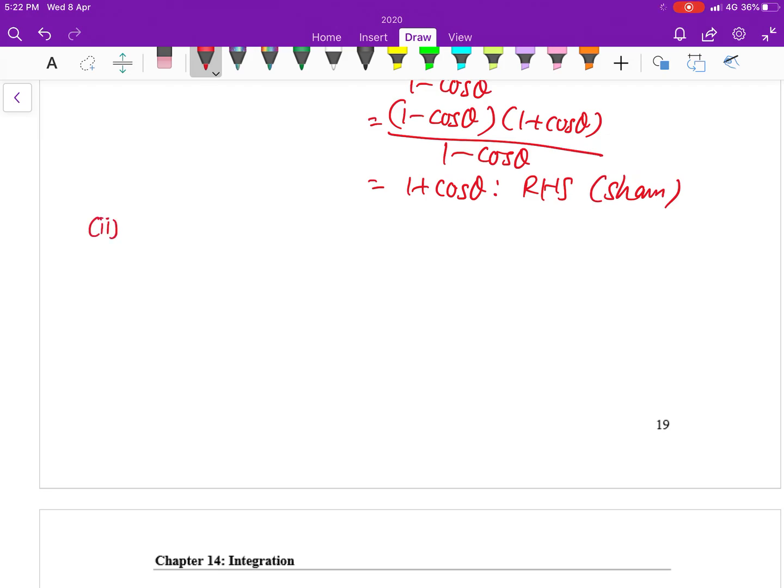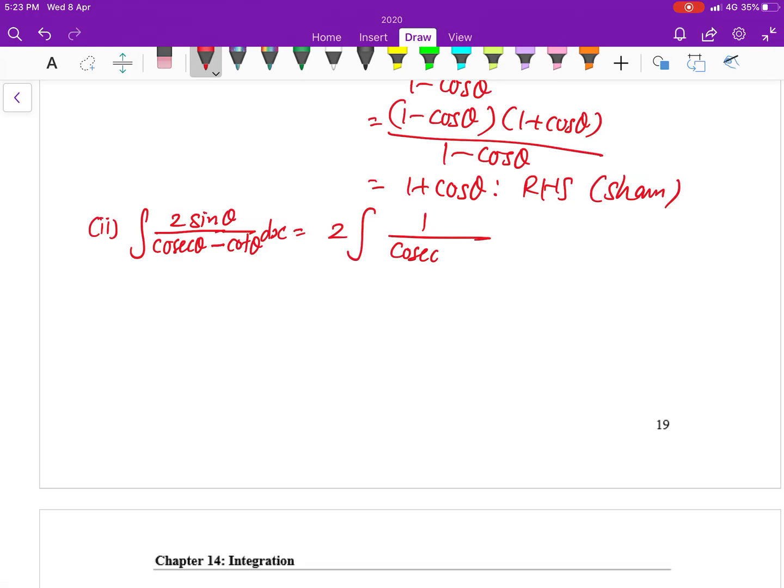I use the remaining space over here for part 2. Integrate 2 sine theta over cosecant theta minus cotangent theta dx, equals 2 times this.